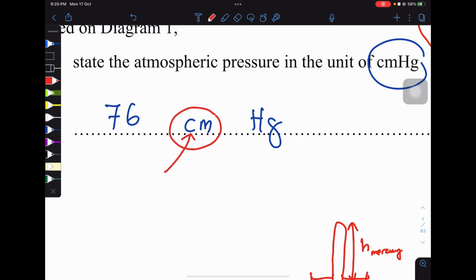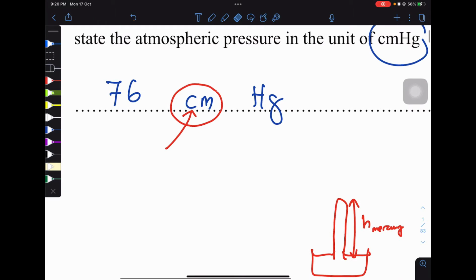So we want to remove this centi, but we cannot just remove it like that. We need to know that 1 centi equals 1 times 10 to the power negative 2.